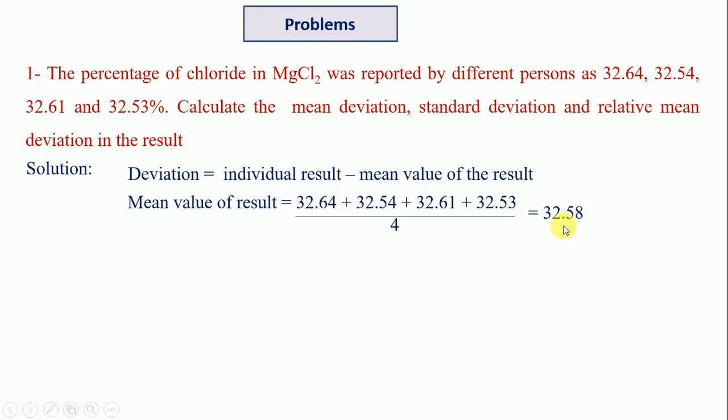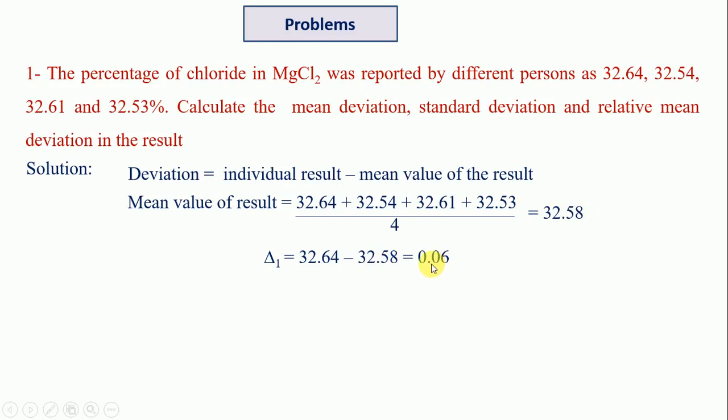Now, delta 1 means the first deviation, calculated as the individual value minus the mean value. This is the individual value, 32.64, and this is the mean value of the result, that is 32.58.